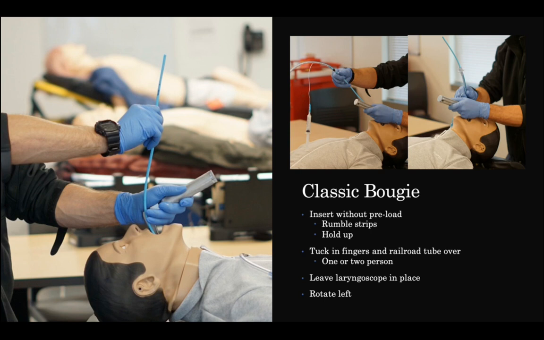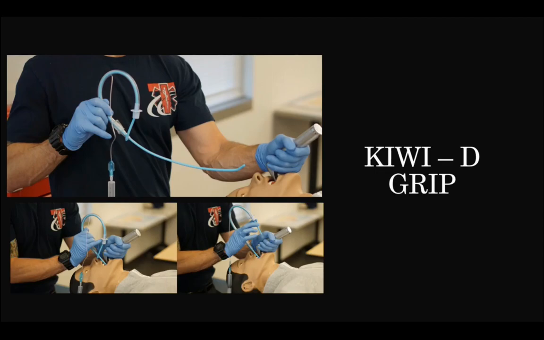At this time, my partner or myself can feed the tube over the bougie, railroading it right over the bougie. As you pass through the cords, or just before you get to the arytenoid cartilages, start to rotate the tube a little bit to the left. This leftward rotation helps avoid the tube getting caught on the arytenoid cartilages.